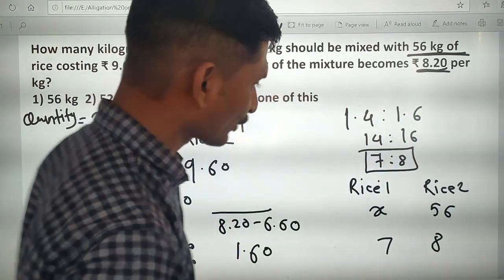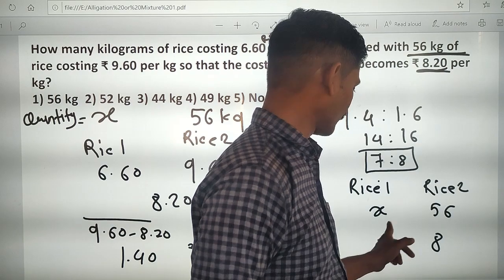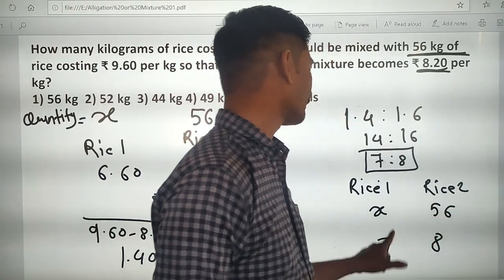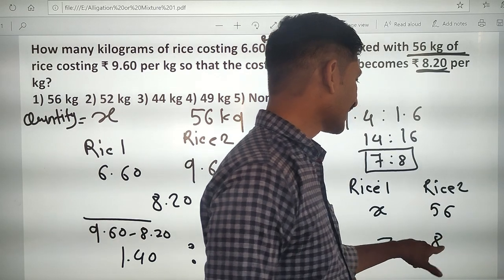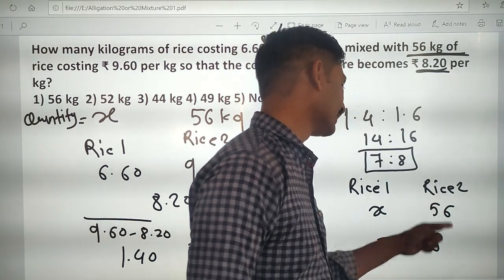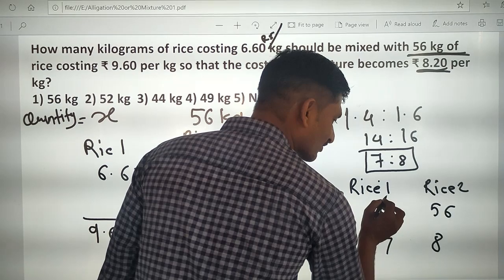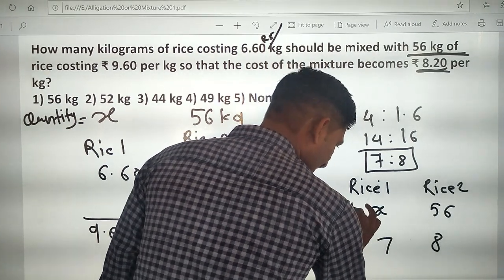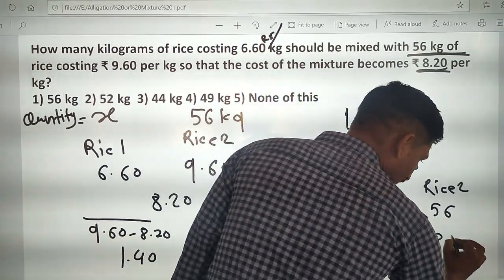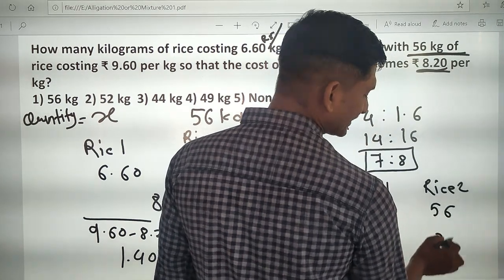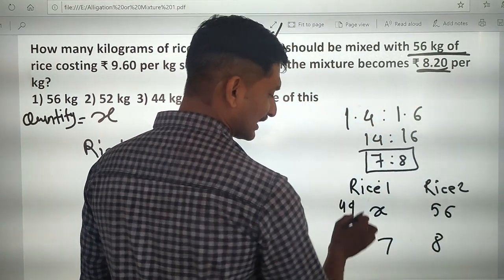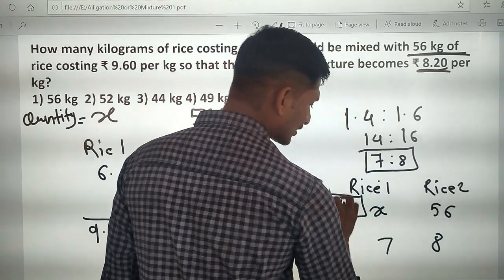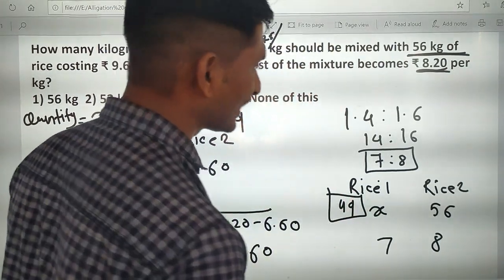If we take cross multiplication, then 8 sevens are 56, then 7 sevens are 49. Then the rice 1 quantity is 49.